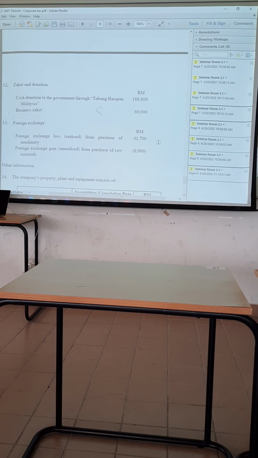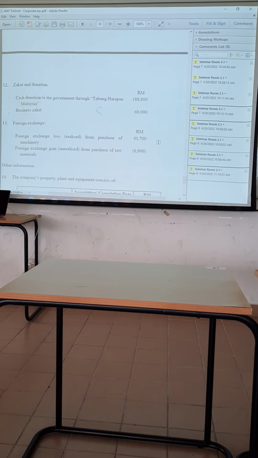But if it's a gain, you minus. A loss is an expenditure, which you minus in arriving at profit, so if it's not allowed, you add back. But if it's a gain, you plus in arriving at your profit, so if it's not allowed, you minus.